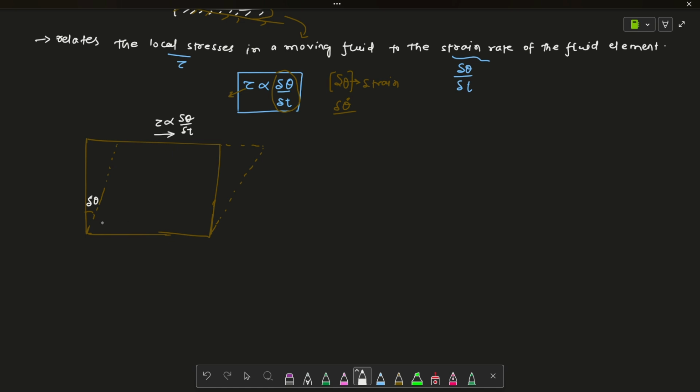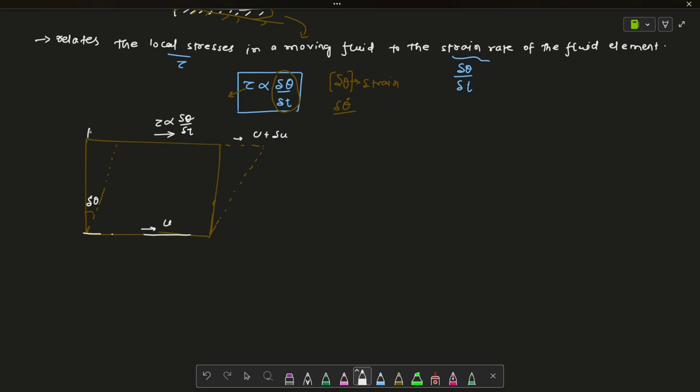And how is this condition occurring? There is one plate there and the fluid is moving, and the upper part is moving with a larger velocity. That means if this one is moving with velocity u, the upper part is moving with u plus del u.